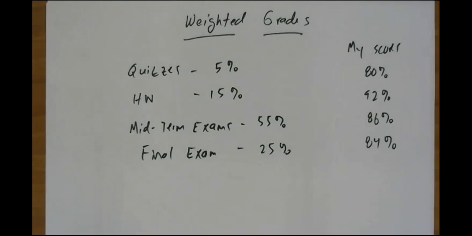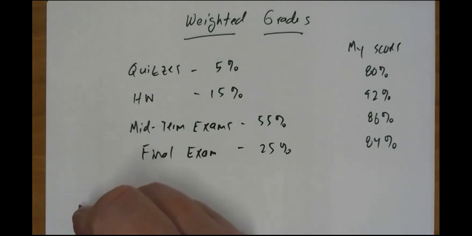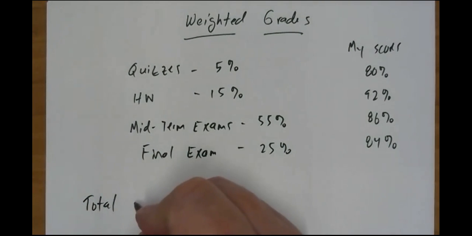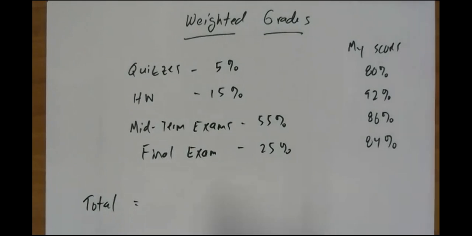So then how do you calculate the total? I think Ivy Learn calls it total. Let me call it total too. Well, let me write it out and then we'll actually do the calculation.